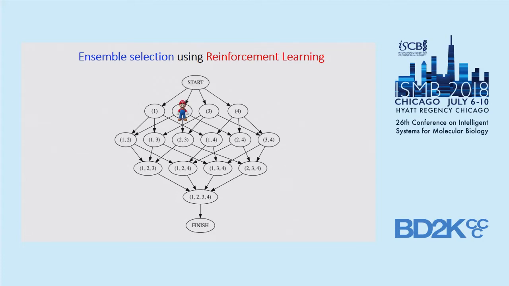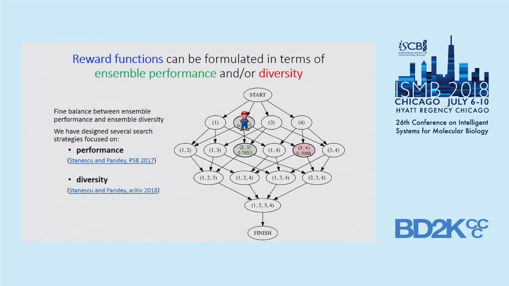And sometimes we have to develop strategies of how to traverse the lattice, right? How is the agent interacting with the environment, and what kind of reinforcement signals does it get back? And that is in terms of the reward function.